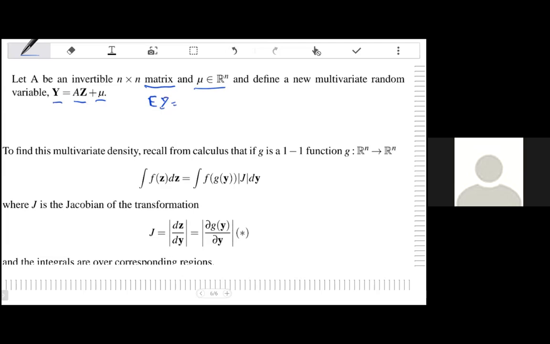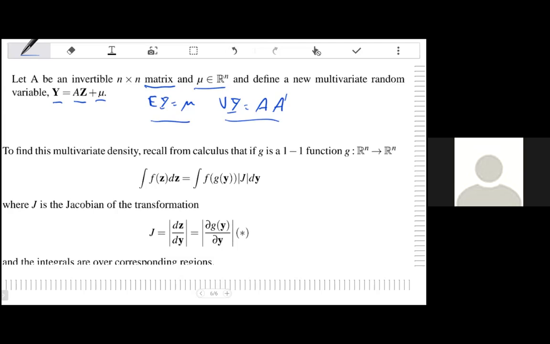Expected value of Z is 0 for all the components, so this is just mu. And the variance covariance matrix of y is going to be A times A transpose, because the variance covariance matrix of Z is just the identity matrix, because each one of them is normal 0, 1, and they're independent. So we know the mean and the variance, but we haven't developed the actual distribution.